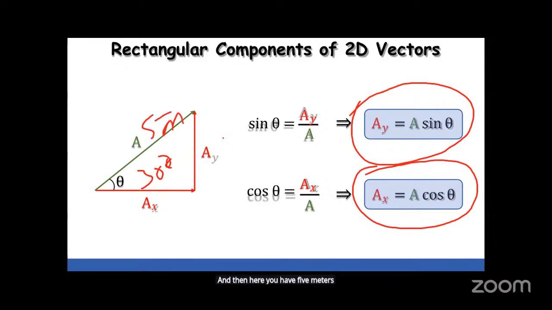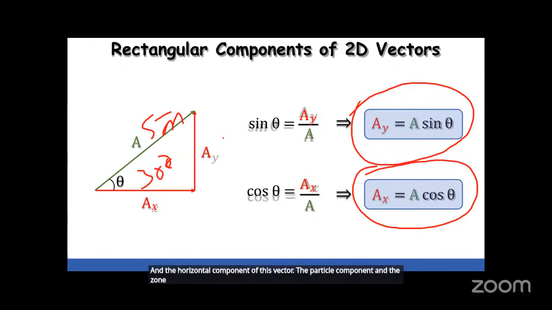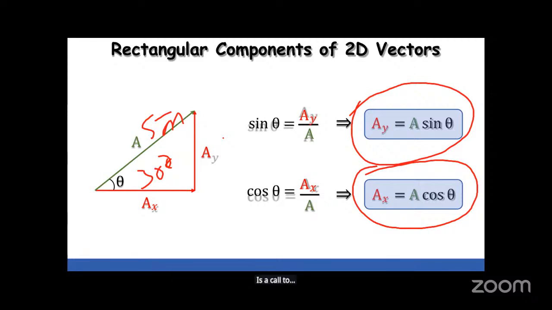You are asked to find the vertical component and the horizontal component of this vector. So the vertical component will be A subscript Y is equal to A sine theta.